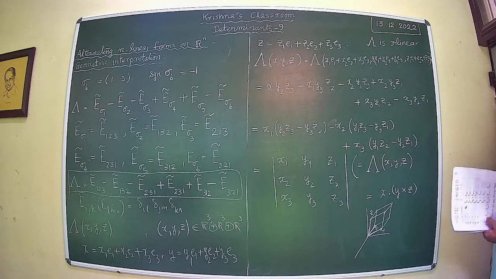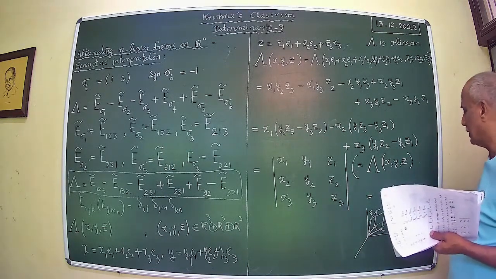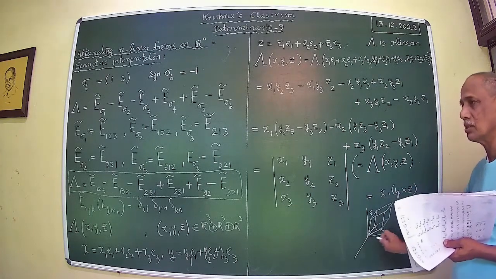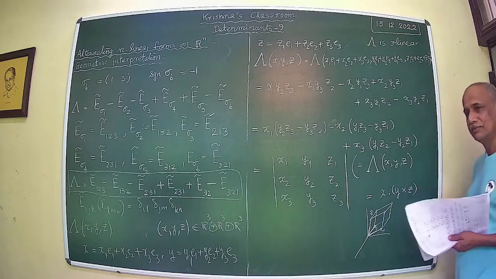And you see that x dot y cross z essentially corresponds to what is called the volume of this particular parallelepiped.